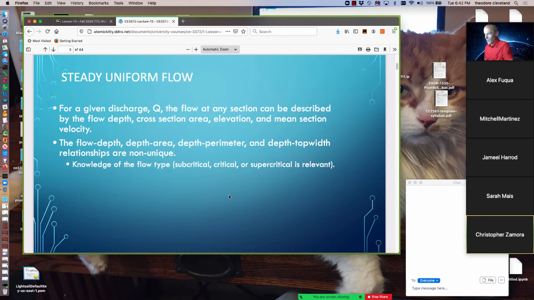So if you end up working in those parts of the world where there are supercritical flows, you'll have to refresh your memory at the time, because things behave differently when they're supercritical.